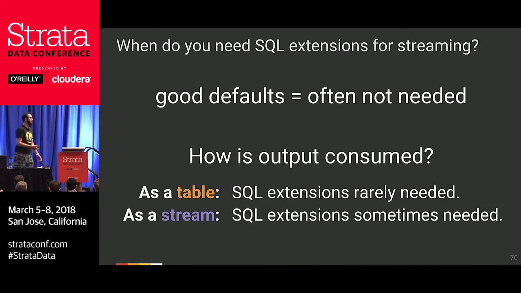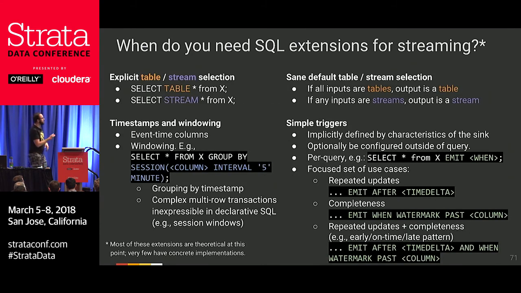If you're consuming it as a table, you rarely actually need extensions, right? SQL is a very table-biased system. It's developed over the years as a table-oriented approach, so you generally don't need SQL extensions, even if you're dealing with tables evolving over time. If you do want to consume data as a stream, then extensions are sometimes needed. And this is a summary of most of the extensions you might care about.